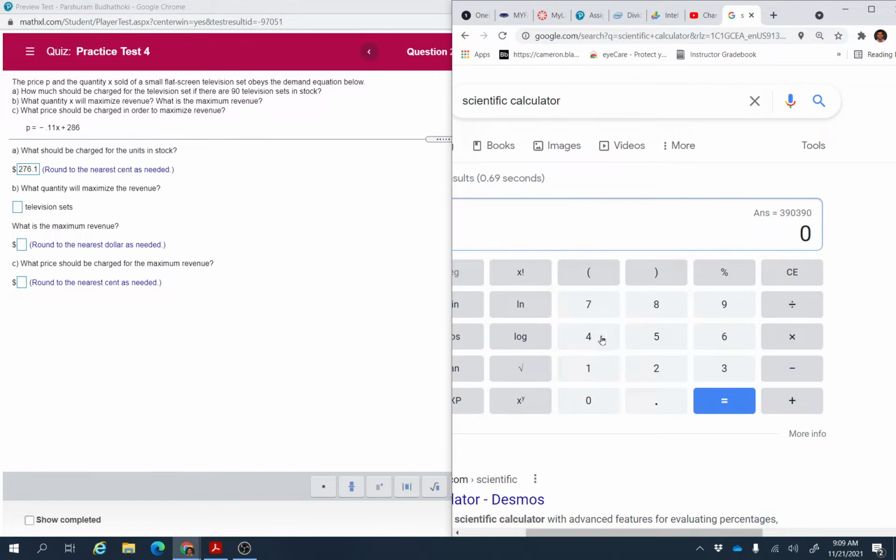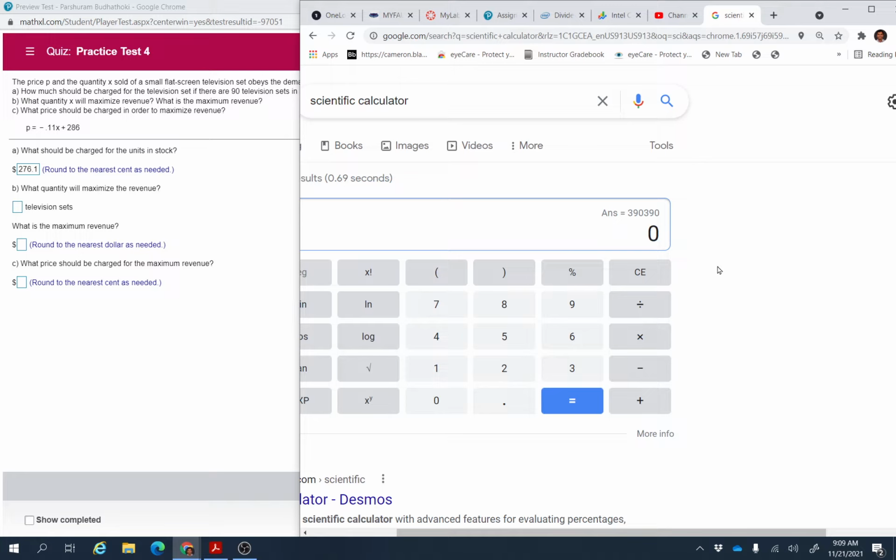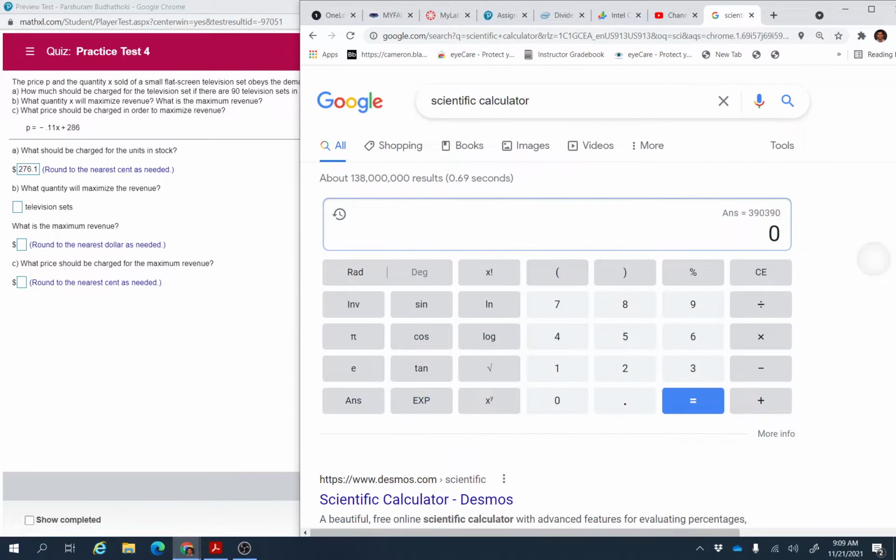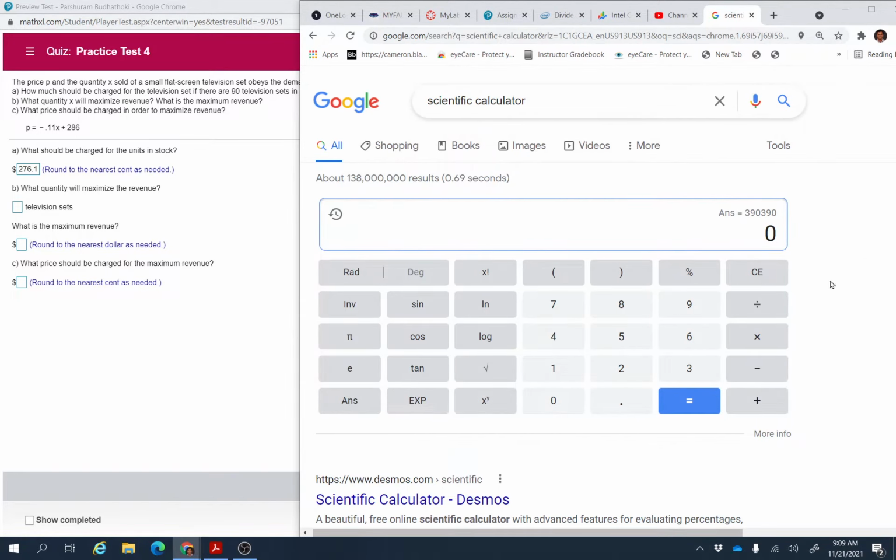Okay, I need the negative sign. Negative 0.11 times 1300 squared, positive 286 times again 1300.